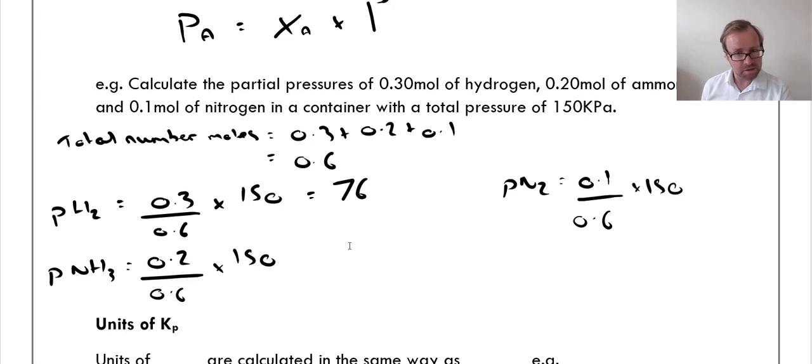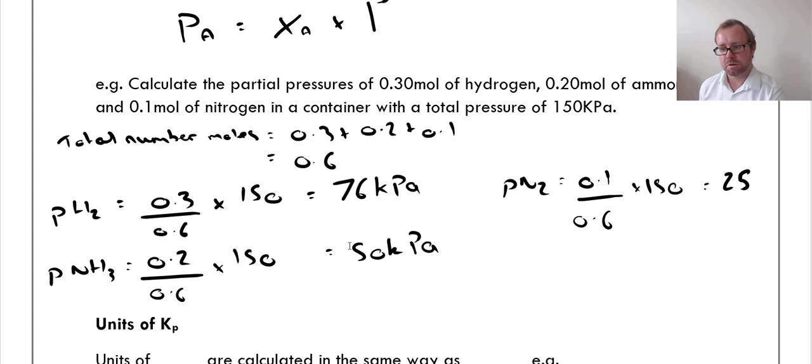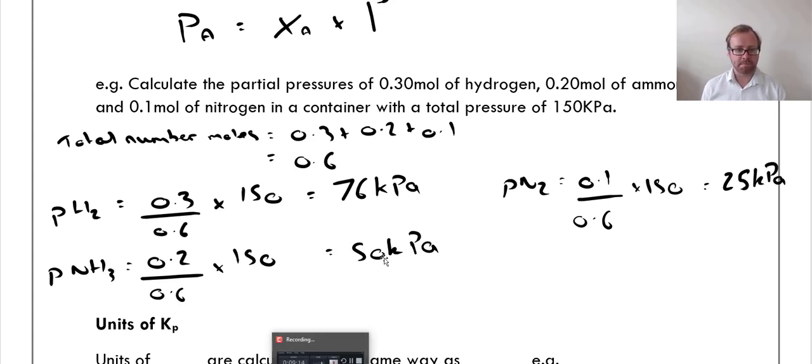476 kPa, 50 kPa, and finally 25 kPa. My partial pressures should add up to 150, and I'll stop for a second because they obviously don't.